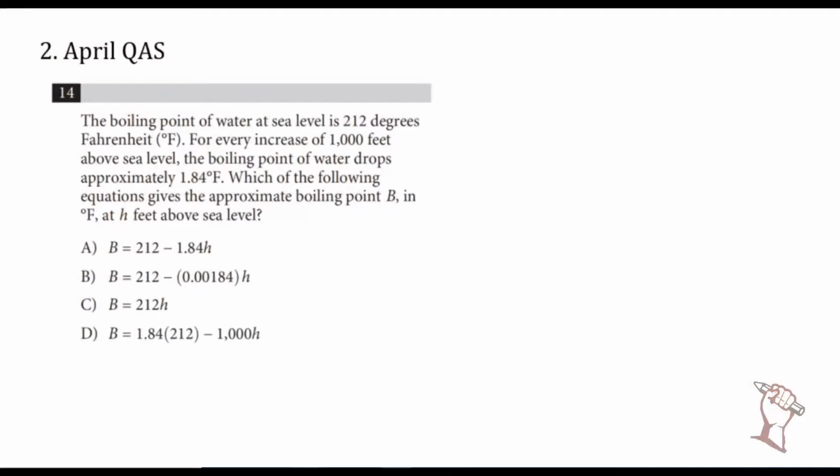It said the boiling point of water at sea level is 212 degrees Fahrenheit. For every increase of 1,000 feet above sea level, the boiling point of water drops approximately 1.84 degrees Fahrenheit. Which of the following equations gives the approximate boiling point in degrees Fahrenheit at h feet above sea level?